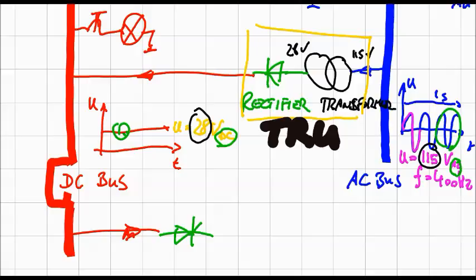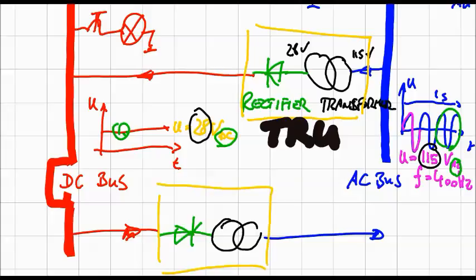And once this is performed, we need to change the voltage of the system again, and from here we can feed an AC bus. Now again, we put this one into one box, and in this case we do just the other way around from the transformer rectifier unit. So we call the whole thing the inverse process or inverter. And that's the way it works.